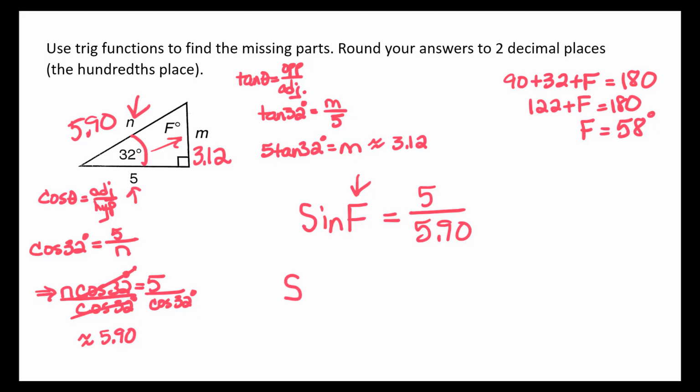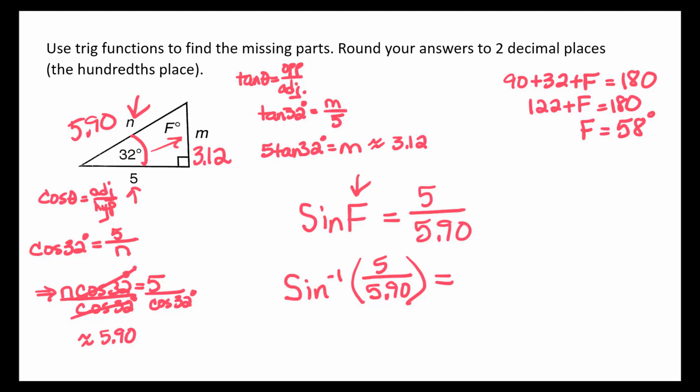So I'm going to do inverse sine, that's sine with a little -1 up there, of this ratio, 5 divided by 5.90, and I am going to use my calculator. I am going to punch in 5 divided by 5.9, and then I'm going to hit equals.